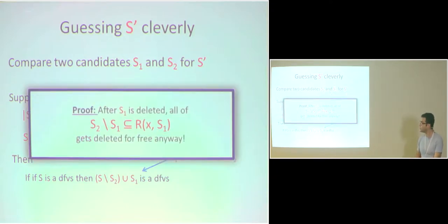Suppose I delete S1. I pay the same as I would have paid deleting S2. Now, after I delete S1, the entire reach of x in G minus S1 gets deleted for free. So if S2 lives inside here, it's going to get deleted for free anyway. So I pay S1 and I delete all of S1 and all of S2. So whenever I'm deleting S2, I should be deleting S1 instead.